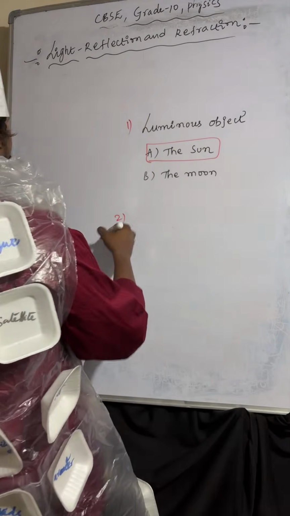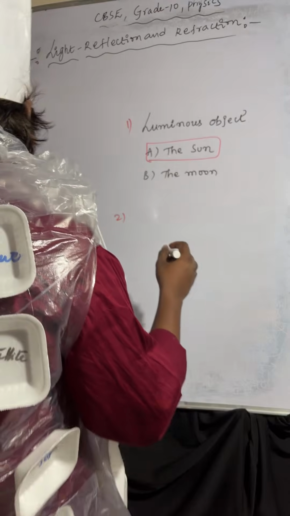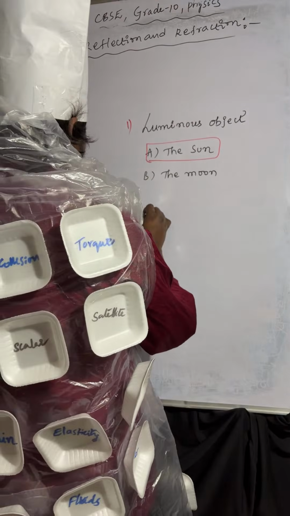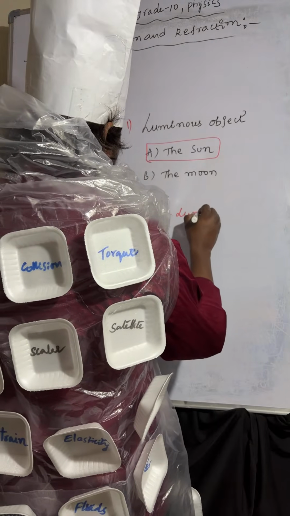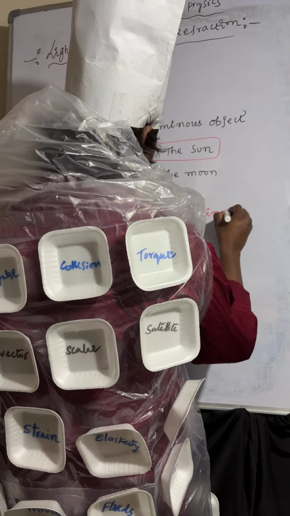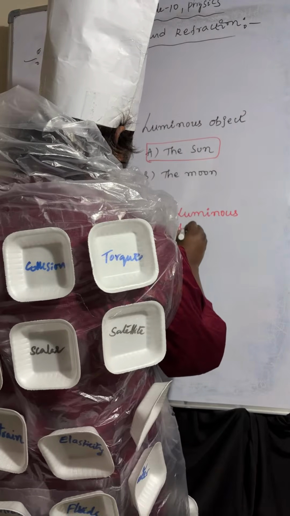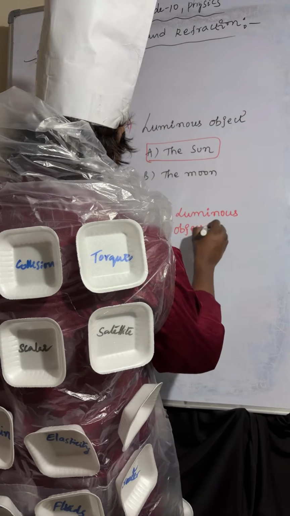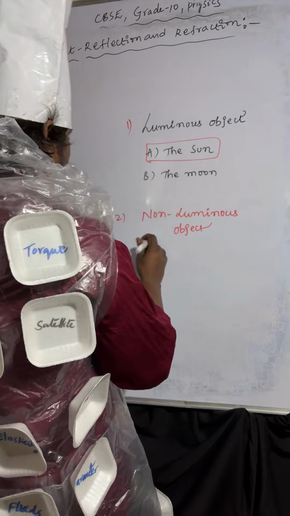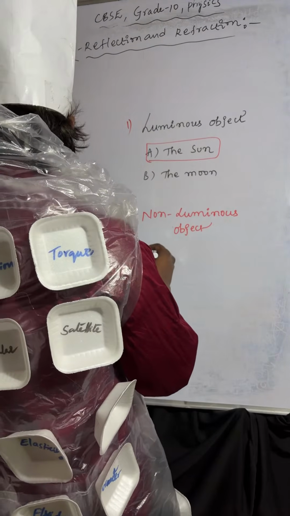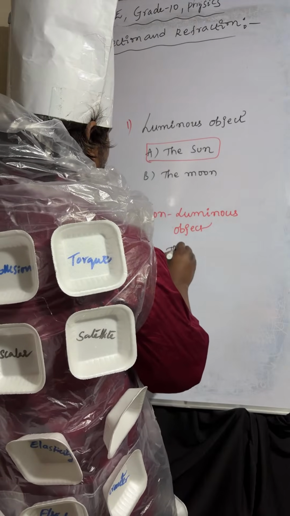Question number 2. Non-luminous objects. Option A, the earth.